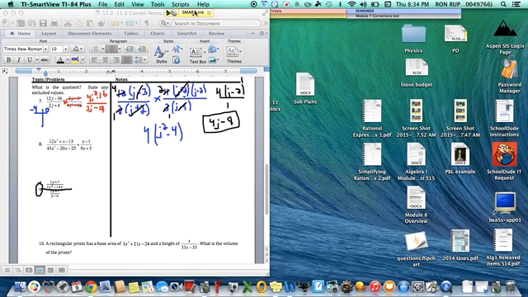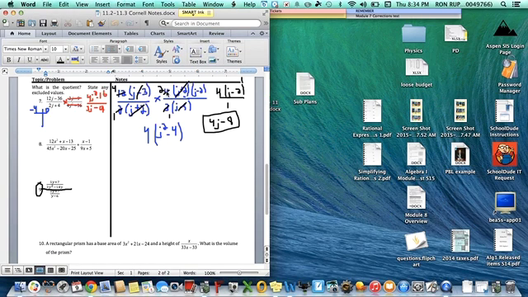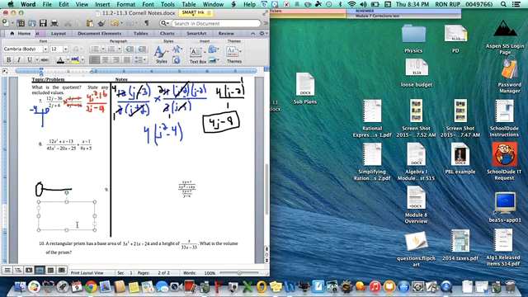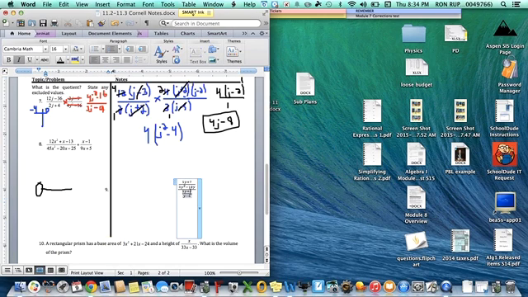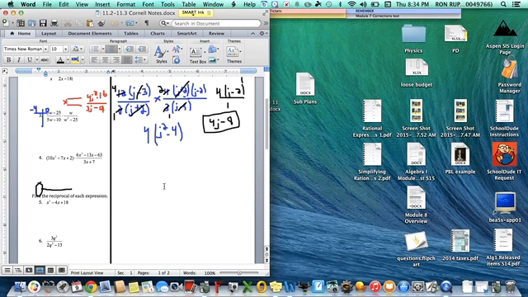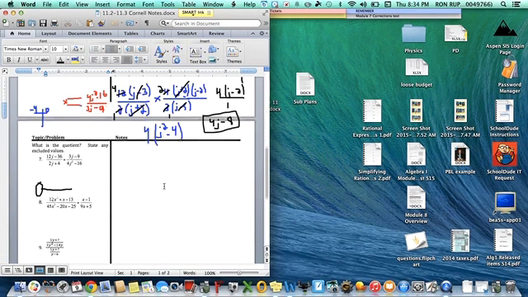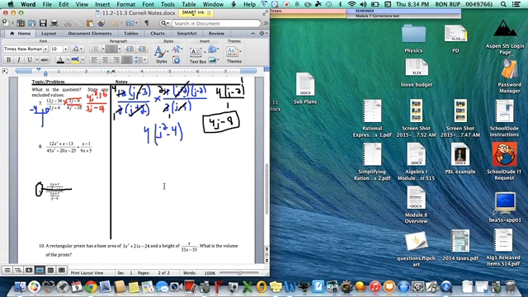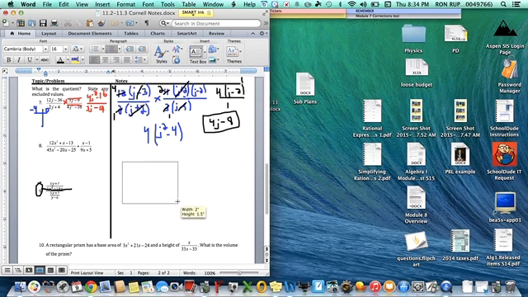And I'm actually going to try to do a text box to try to keep it a little neater. Maybe I can put it off to the side. There we go.